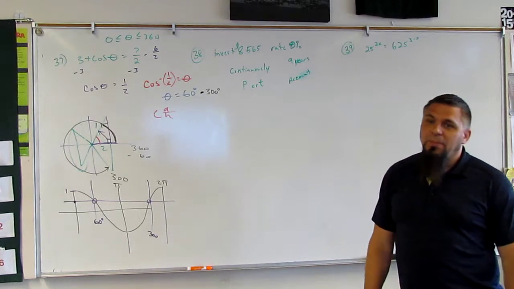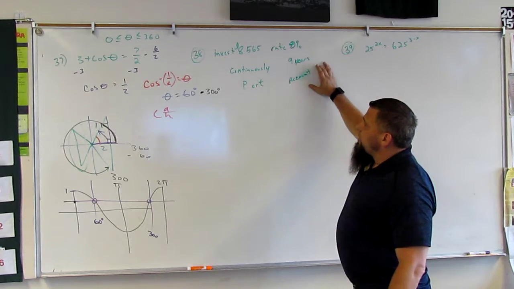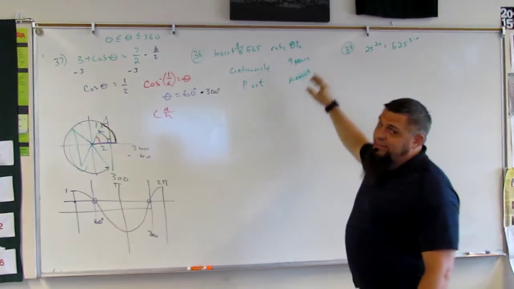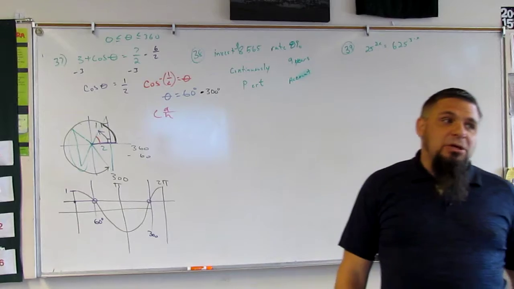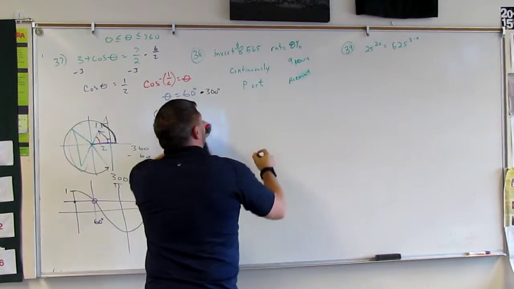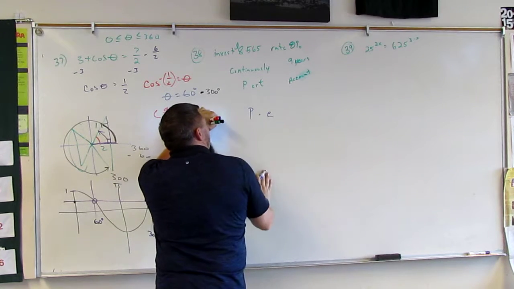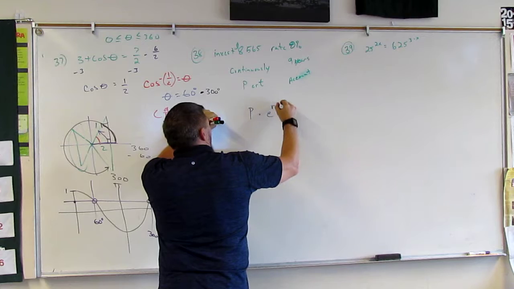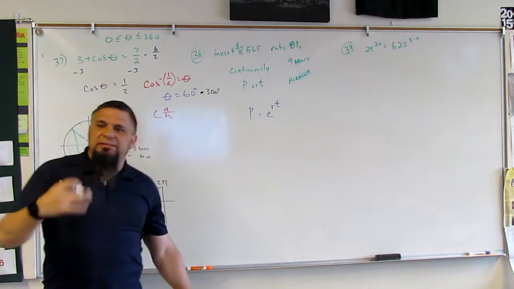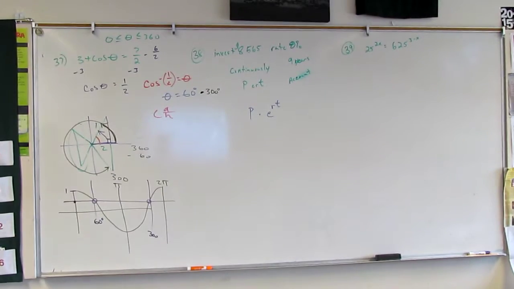So was this continuously or was it for 9 years? So it's continuously over a 9-year process, right? So continuously means that we're going to be using the principal times E raised to the RT, or the rate times time. PERT, okay?